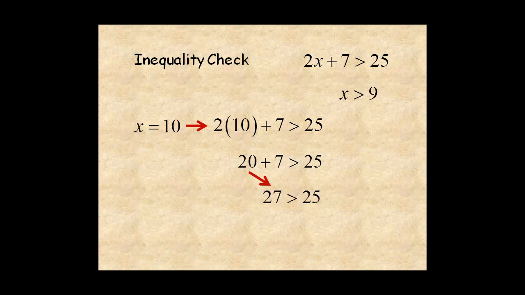And since 27 is greater than 25, the inequality checks. The inequality check verifies that the inequality symbol was supposed to be greater than and not less than.